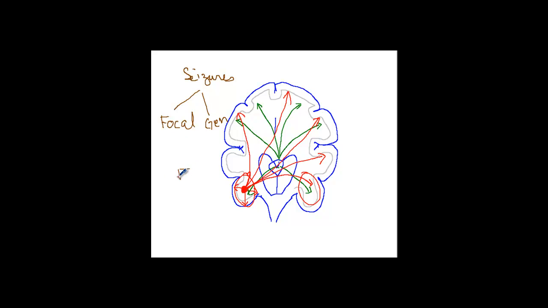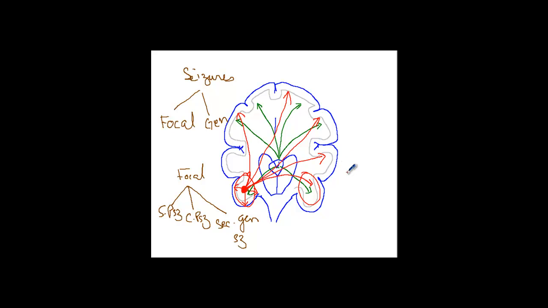Focal seizures can be further classified as simple partial seizures, where patients don't lose consciousness or awareness. Seizures are restricted to a focal area. Complex partial seizures, where patients do lose awareness. And secondary generalized seizures, where it starts from a focal point and then involves different parts of the brain.